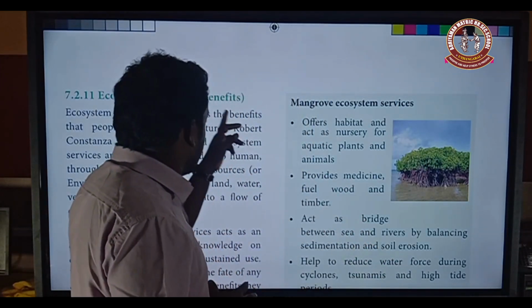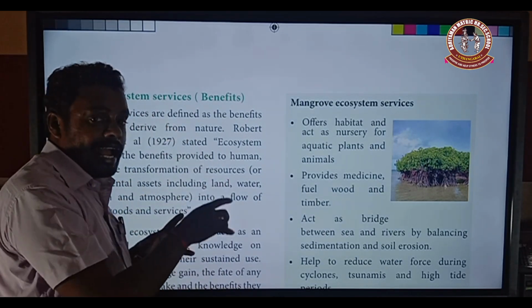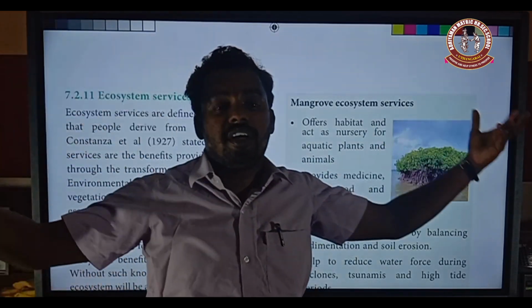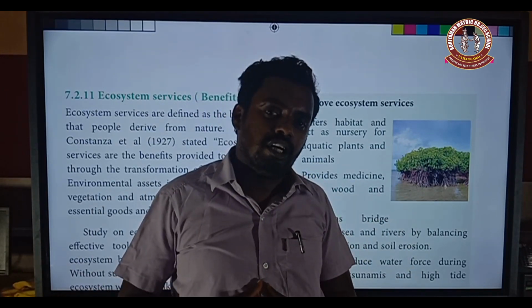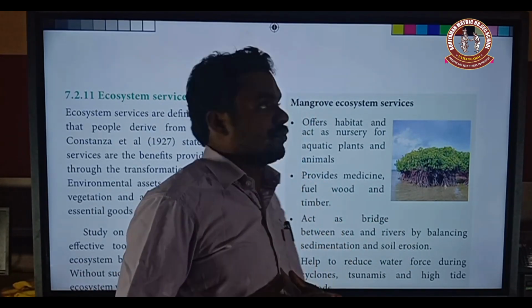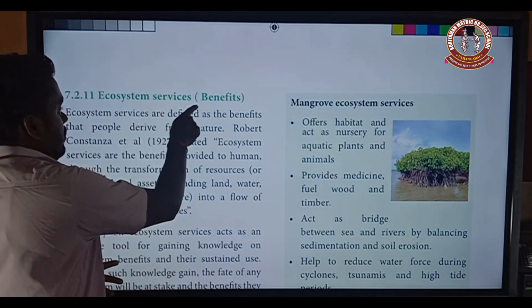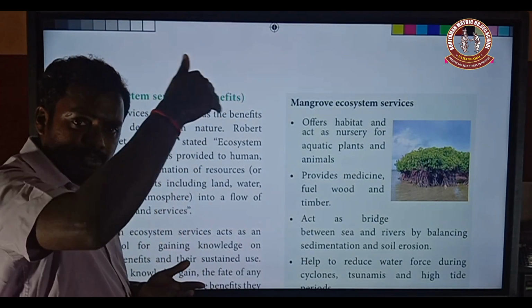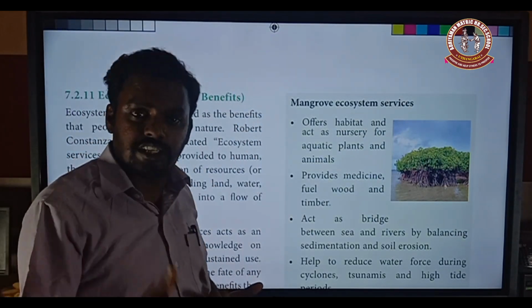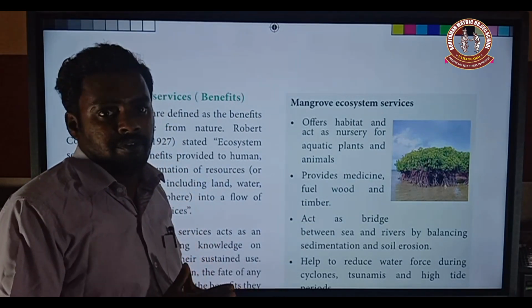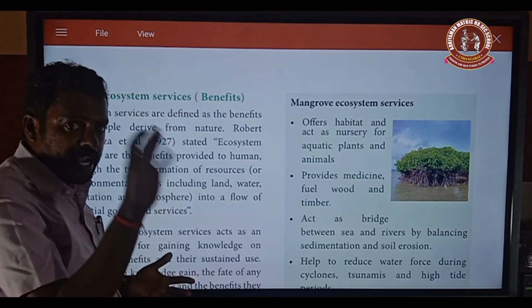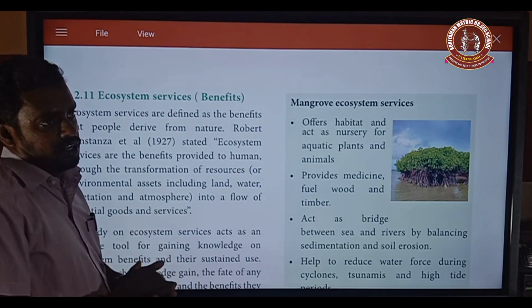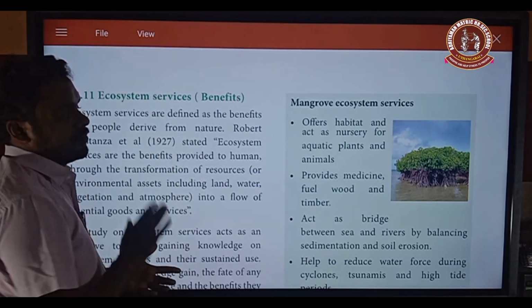Here services mean the ecosystem acts through different functions that provide different components to human beings and animals also. That is the ecosystem service. That means benefits provided by nature. So ecosystem services are defined as the benefits that people derive from nature.